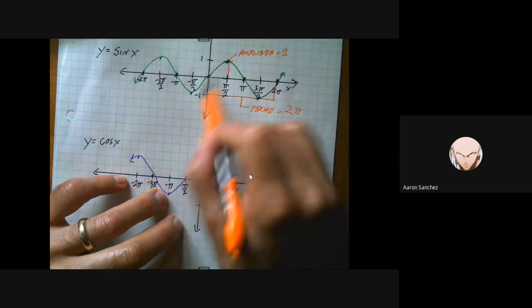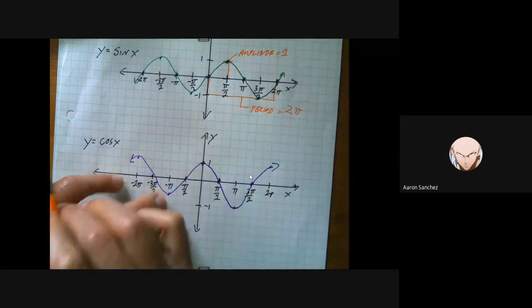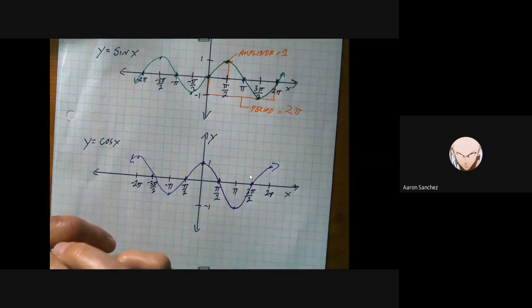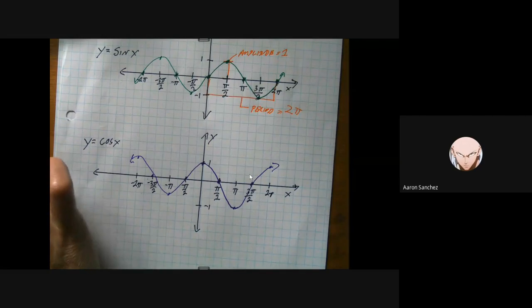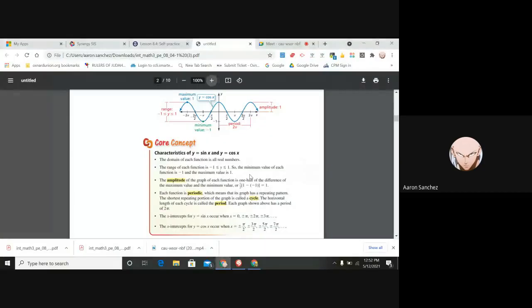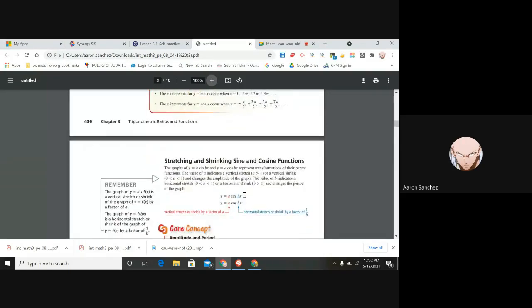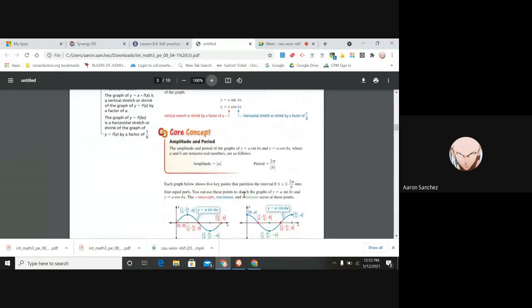It's just a wave that goes up and down, which makes it a periodic function. So both sine and cosine are periodic functions. Okay, and we'll worry about the cycle. Cycle is half a period, but I'm not going to ask you about the cycle.